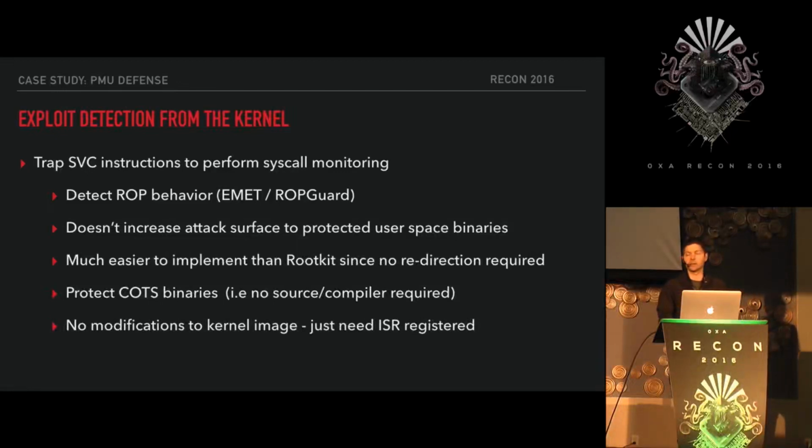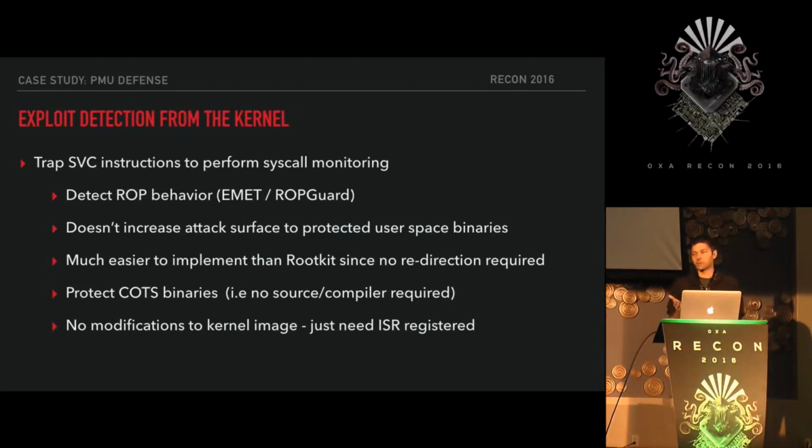If you're familiar with Microsoft's EMET or anti-ROP tools like it, they all are pretty similar in that on Windows, they all inject DLLs into the processes they want to protect, which is kind of interesting because they're trying to prevent code reuse attacks, but in doing so, they're increasing the surface of code reuse attacks. And so by doing monitoring from the kernel, we can avoid that.